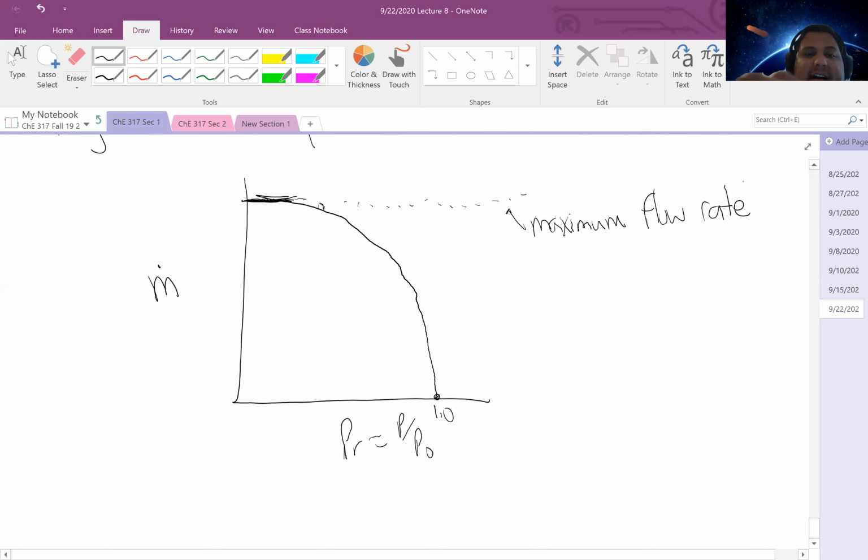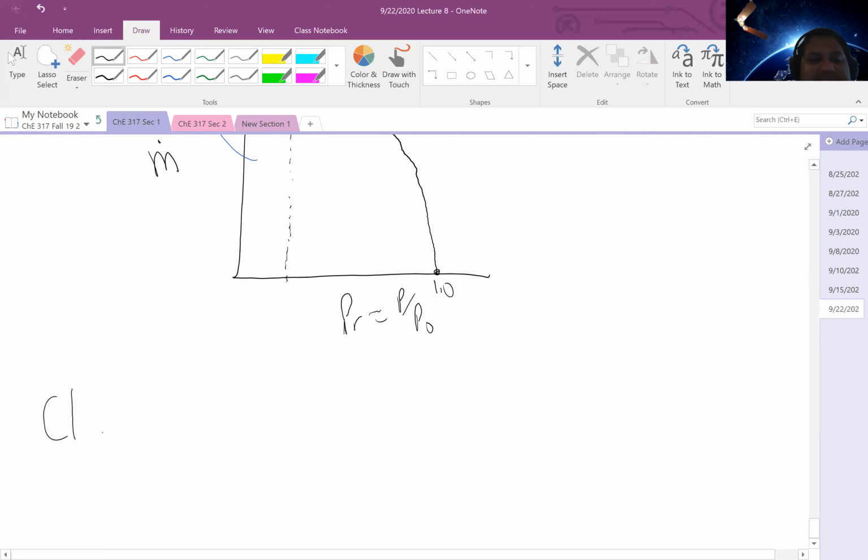And anything beyond this point does nothing for me. And this is a special condition in compressible flow that we call choked flow.